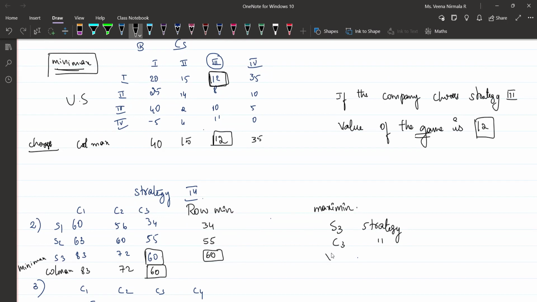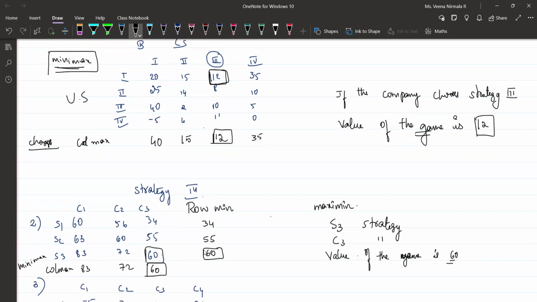The value of the game is 60. In this case it is the same, but it need not always be the same. From the row minimums, which is the maximum, and from the column maximums, which is the minimum, that is how we select the maximin and minimax criteria.